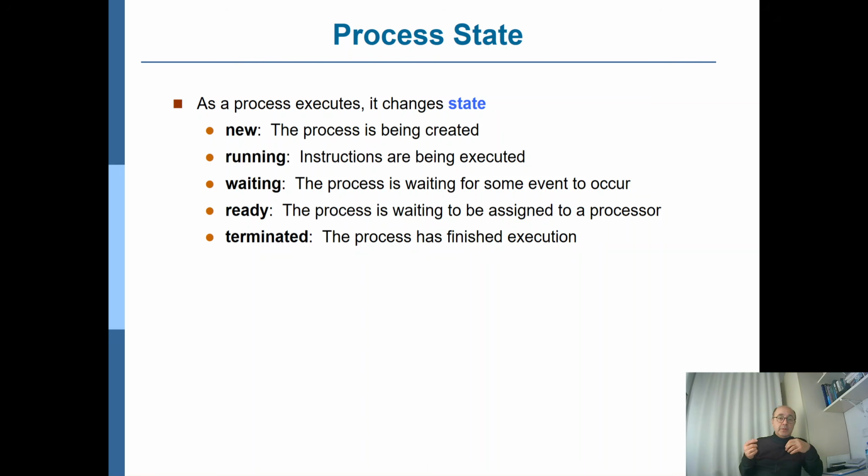Or, for example, you try to write something in a read-only area, like the text section, which is read-only. You cannot change the instructions. So these are all illegal operations. So the operating system kills your program, terminates your program, because it has done something illegal.